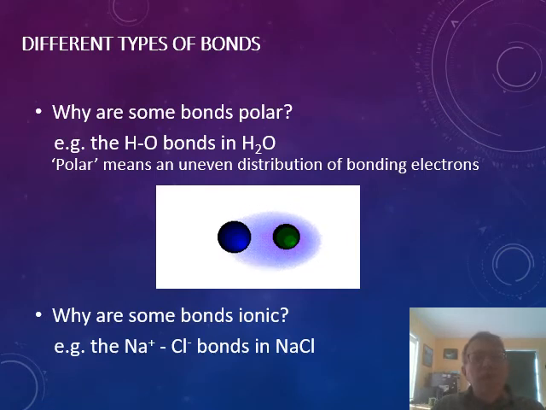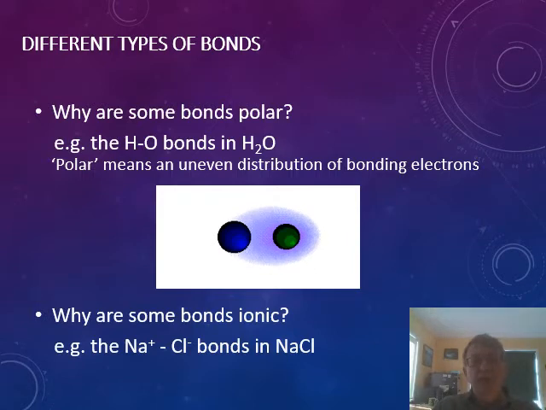You might recall last year we looked at why some bonds are polar and some are ionic and so forth. For instance, in the molecule of H2O, you have the H-O bond, which is a covalent bond. It's a polar covalent bond because hydrogen and oxygen have different electronegativities. So polar means there's an uneven distribution of bonding electrons.